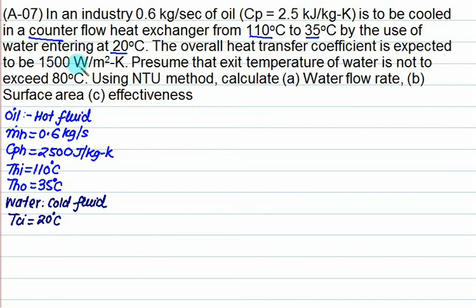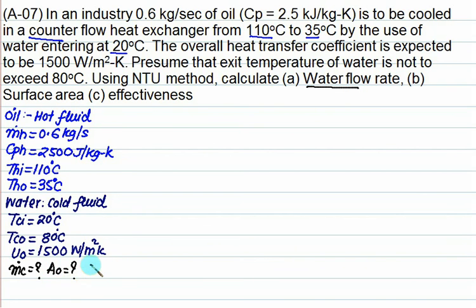The overall heat transfer coefficient is 1500. It is also mentioned that the exit temperature of water should not be more than 80. So indirectly he has given us the value of TCO equals 80. Water flow rate, that is m dot C, and effectiveness are to be found. The oil side is known, so can we calculate Q? Q equals m dot H into CPH into (THI minus THO).